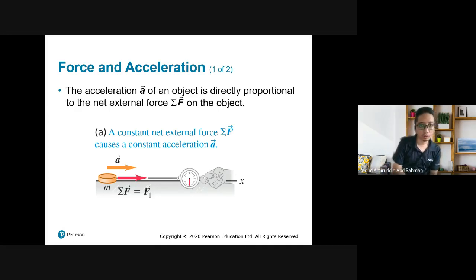When the constant net external force equals F1, towards the x direction, we have a constant acceleration.